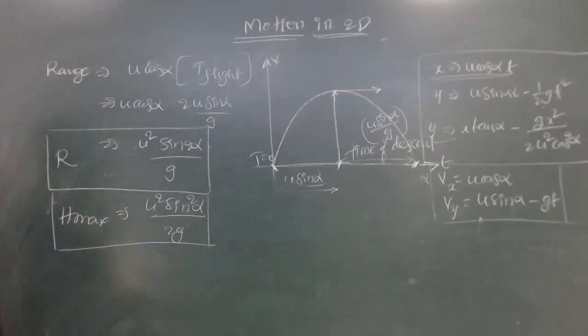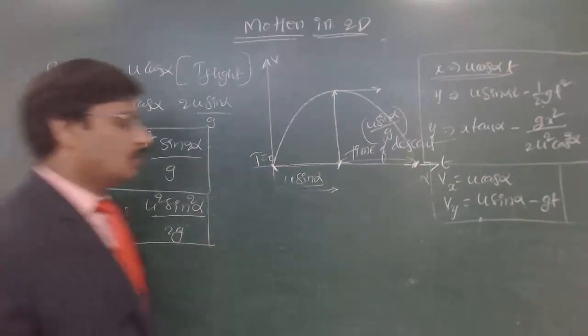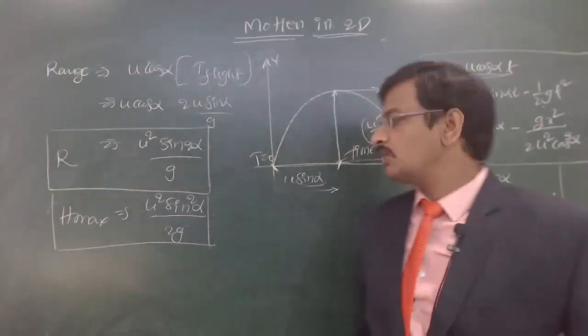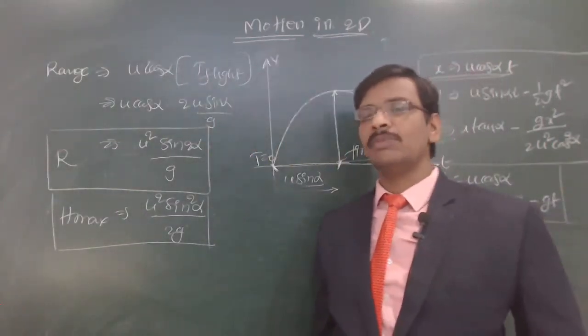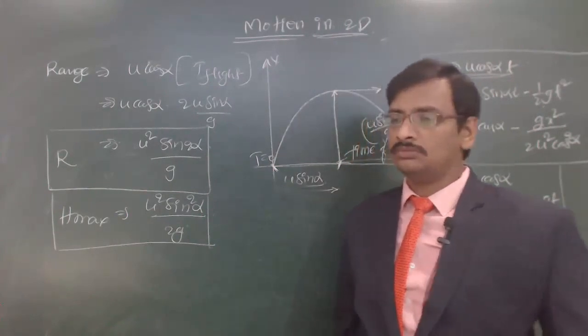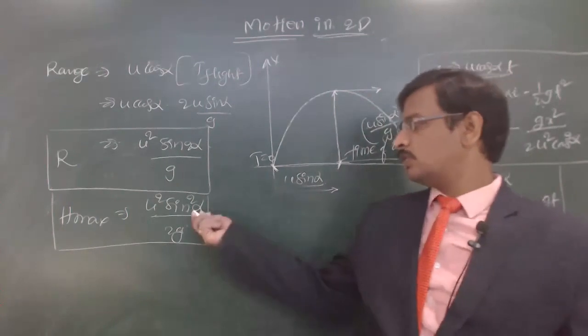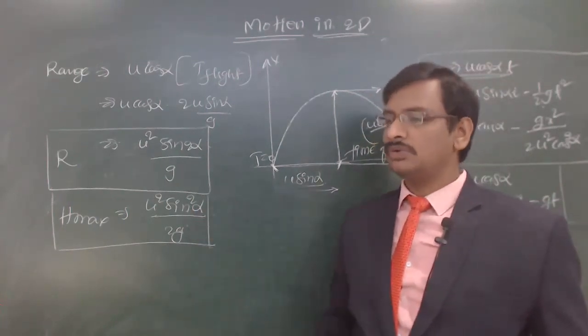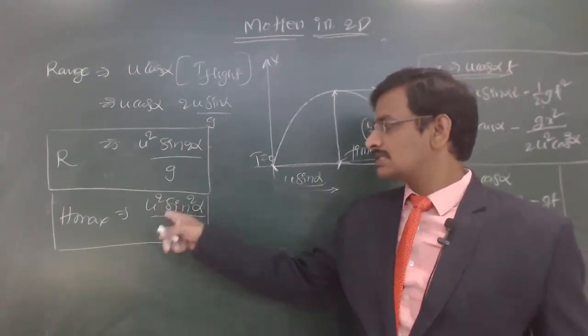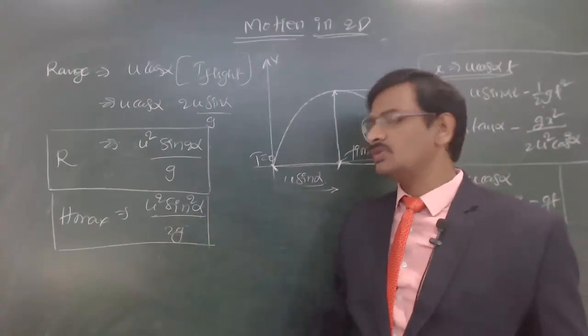Got it? Now in this case, if you notice, for what value of alpha can the H be maximum when we throw. Here if you notice, when alpha equal to 90 degrees, this can get a maximum value which is equal to u square by 2g.